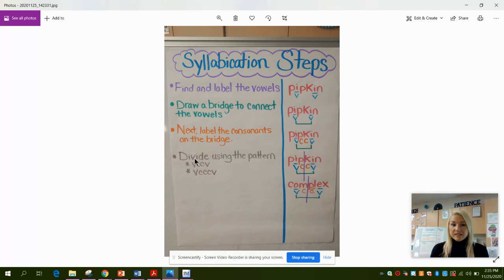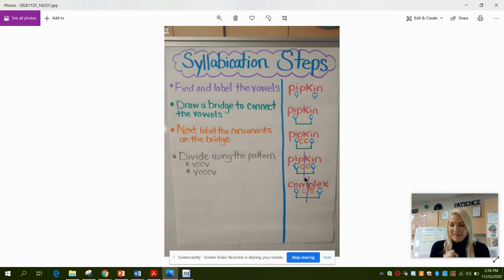And then next, today, we've talked about dividing the pattern VCCV. We've done a little bit with VCCCV patterns. However, we're going to work on that more today. So that's going to be your new mini lesson, your I can. Here shows an example of where we would divide our VCCV pattern.